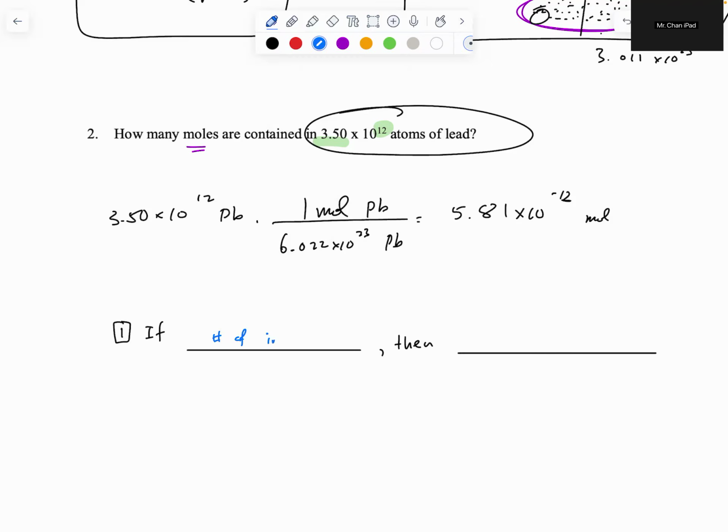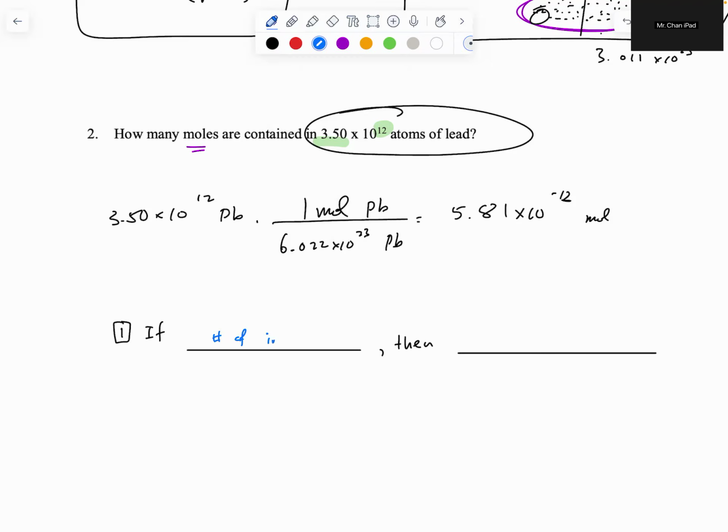Just like if I give you 24 individual eggs, then you must know how many dozens of eggs. You must. Okay? Now, can we extend this question? Yes, of course. If we would like to know the mass of the lead atoms right here, then we say, well, if we know the moles of lead, then we shall know the mass of lead.